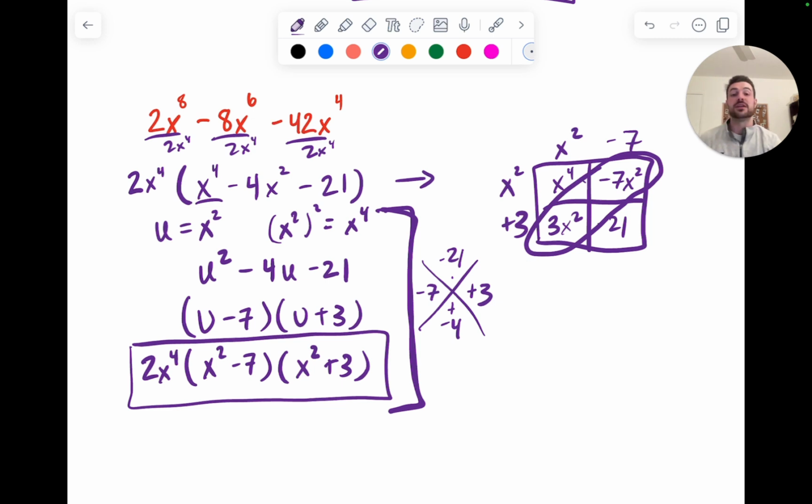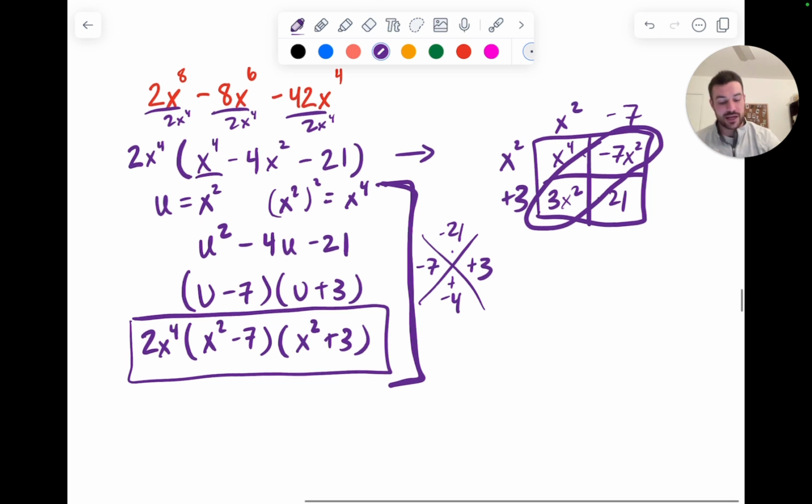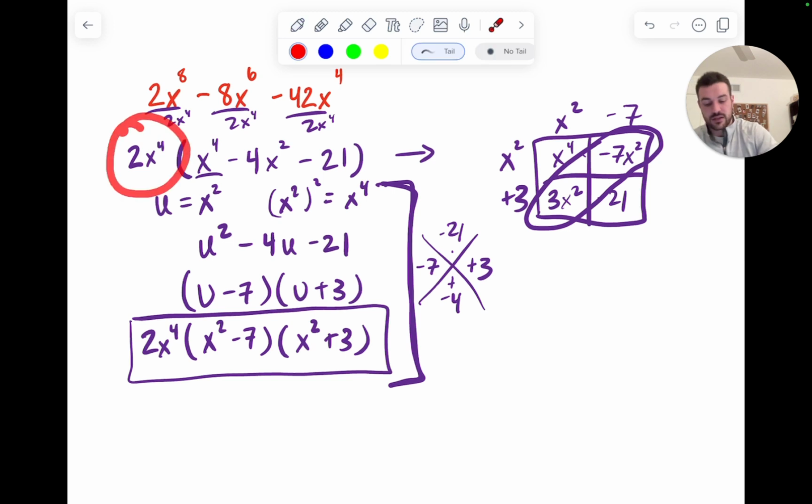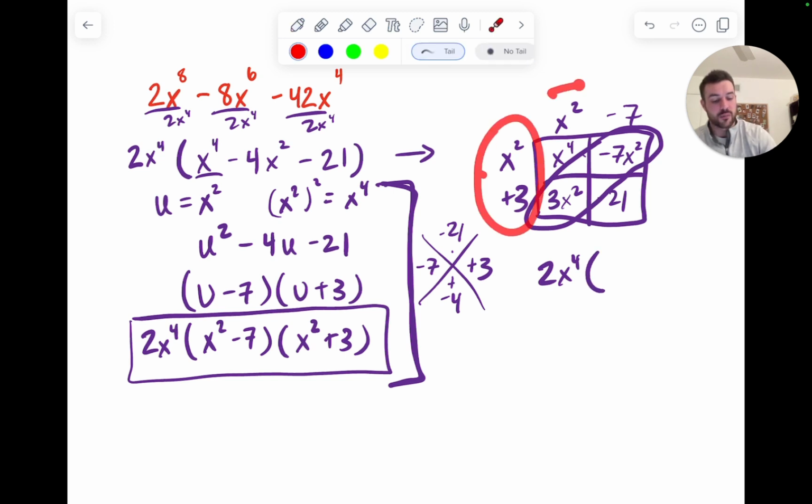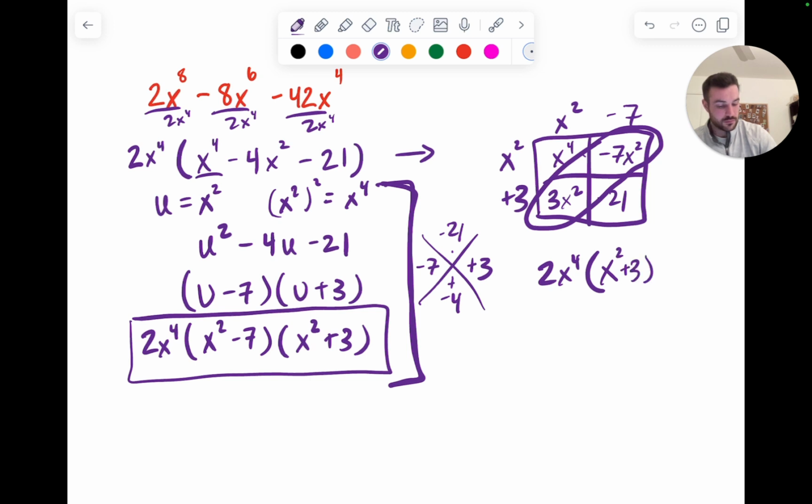If I were to add these, I get my middle term. So again, I still have that 2x to the fourth that I factored out earlier. But now using the box method, here are my two factors. And as you can see, we got the same thing. So either method is totally fine with me.